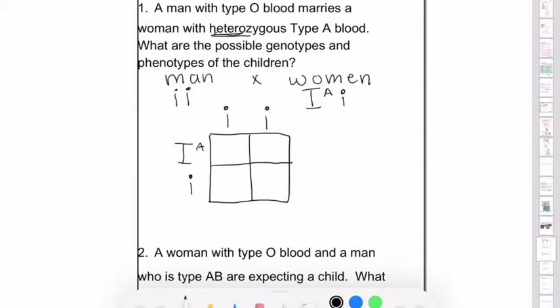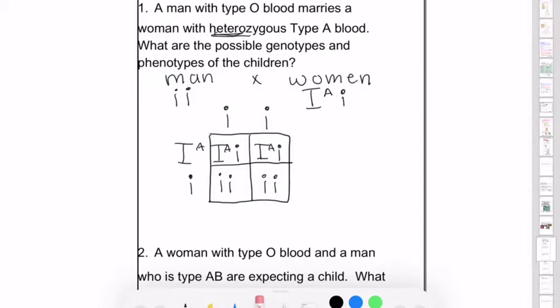Then I'm going to cross them, so I'm going to write down i here and here to get ii, and then this one here and there gives me IAi, and same over here. Okay, so this is our Punnett square. The question asks us, what are the possible genotypes and phenotypes of the children?